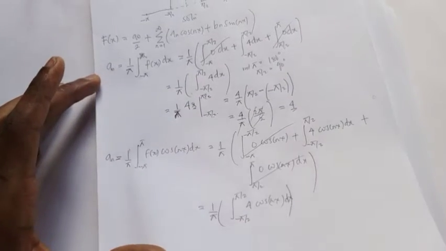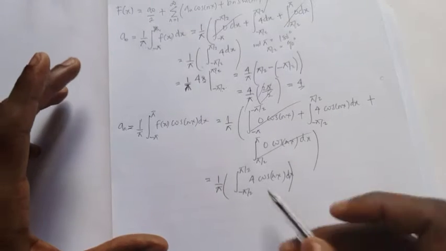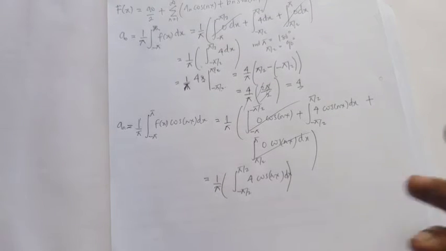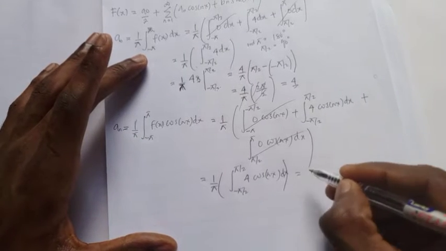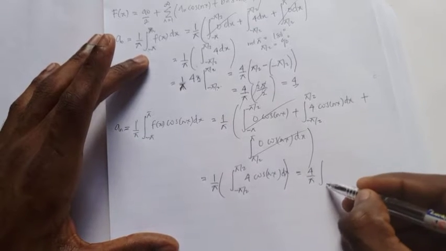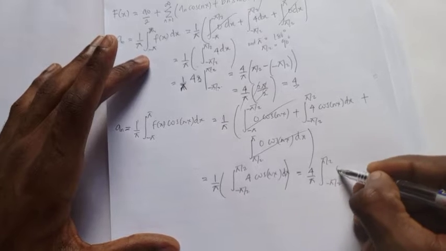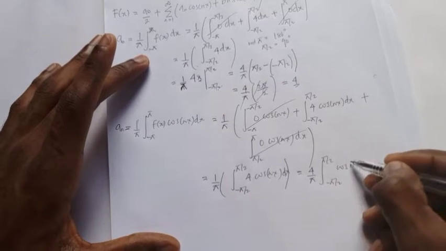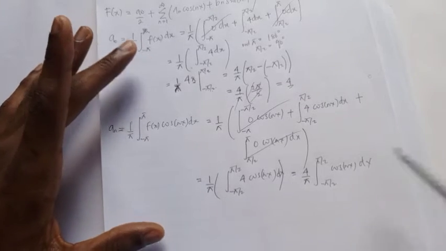Now one of the rules of integrals is that the constant can come out of the integral. So this becomes 4 over pi, the integral of minus pi over 2 to pi over 2 of cosine of nx dx. So we are only going to integrate our cosine of nx.